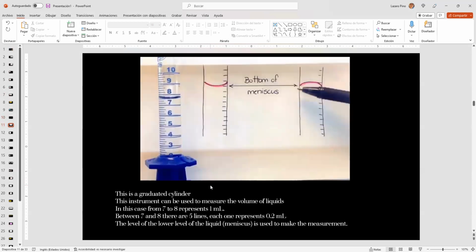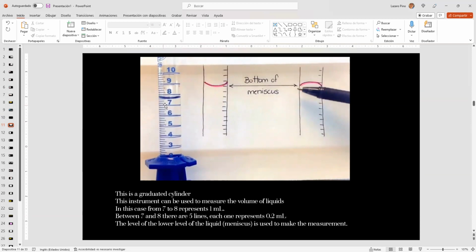A graduated cylinder is an instrument that can be used to measure the volume of liquids. In this case, you can see that this graduated cylinder has numbers. Every number represents milliliters. 3 milliliters, 4 milliliters, 5 milliliters, and so on.